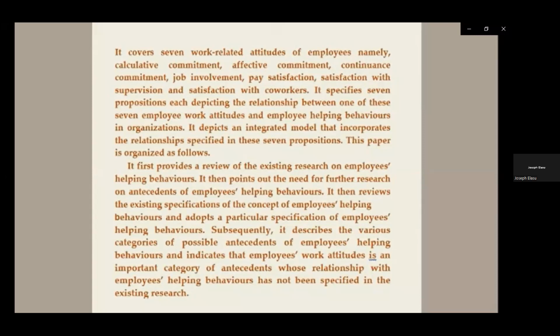Subsequently, it describes the various categories of possible antecedents of employees' helping behaviors and indicates that employees' work attitude is an important category of antecedents whose relationship with employees' helping behaviors has not been specified in existing research.